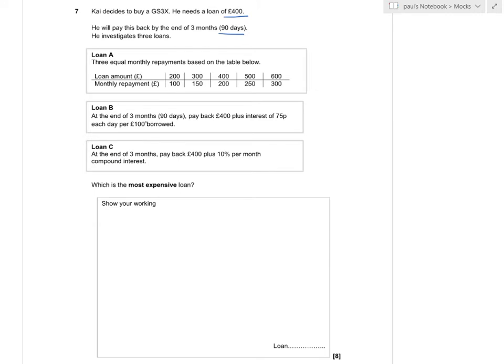What's the most expensive loan? So loan A, if you borrow £400, you're going to pay back £200 a month. So 200 times 3 months is £600.